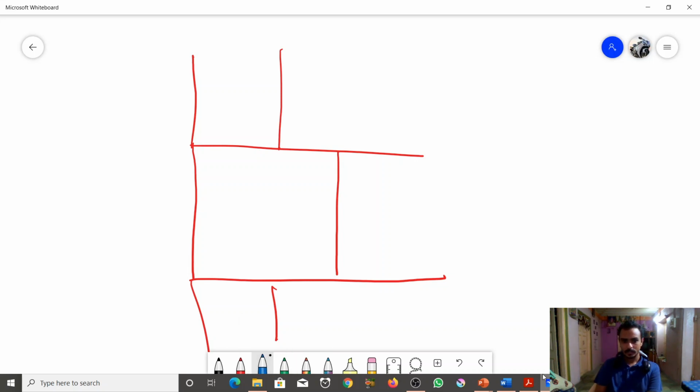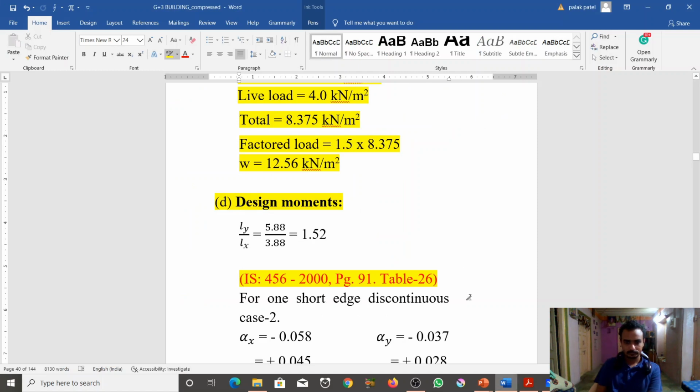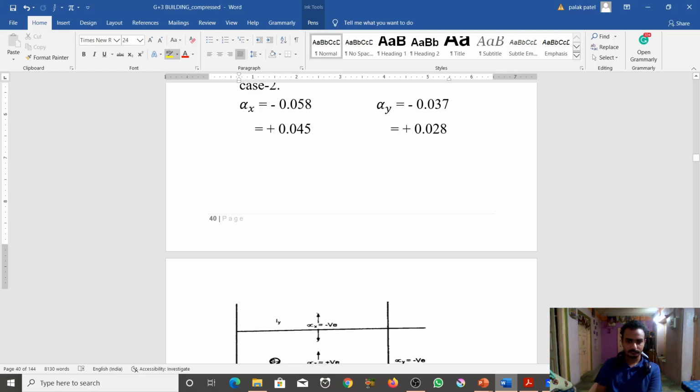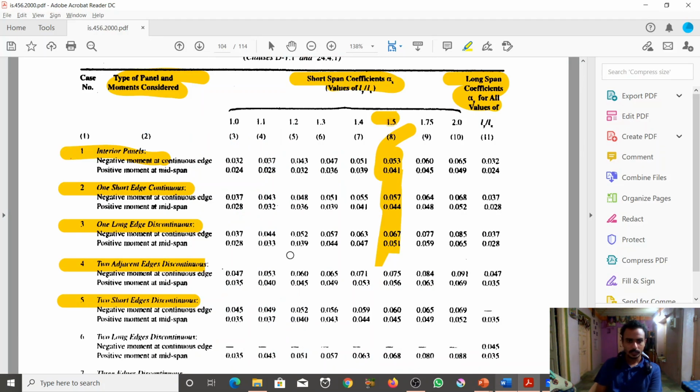Here is the S2 slab for alpha x and alpha y. First we discuss alpha x, the short span coefficient in the x direction. What is given?